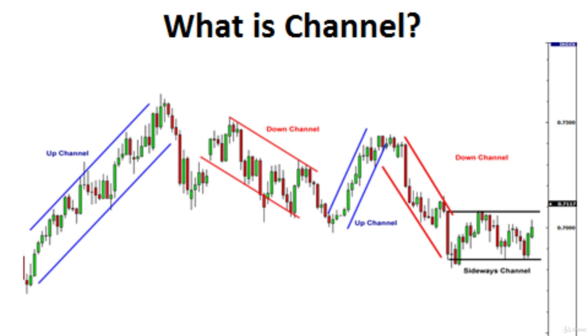At the absolute end of the chart, you see horizontal lines which connect the same tops and same bottoms, which is called a sideways channel or parallel channel. So with the help of this chart, you clearly identify the upward channel, downward channel or sideways channel. I hope you better understand channels and trend lines in this lecture.